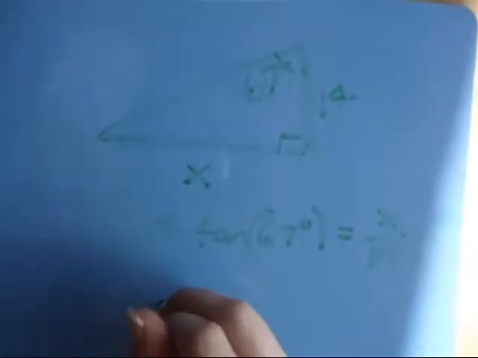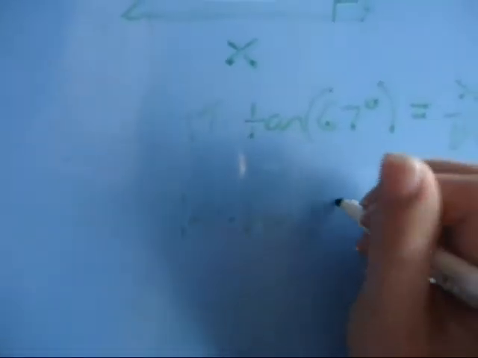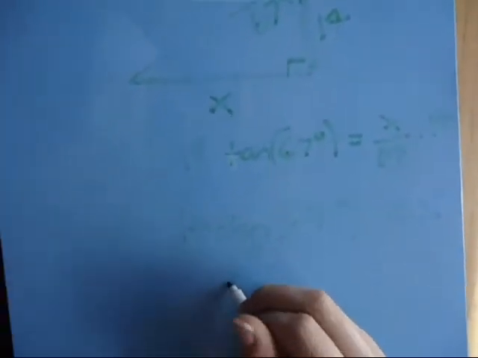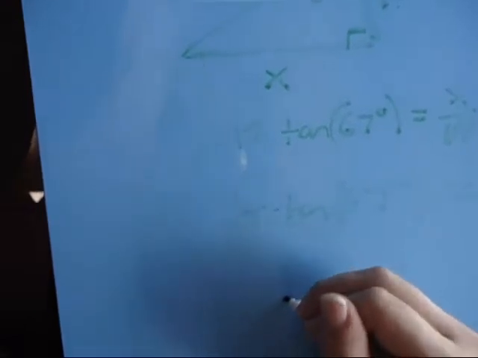So you're left with 14 times tan 67 equals x. Okay. Now, after plugging that into your calculator, x equals 32.98. Woo! It's mathematical.